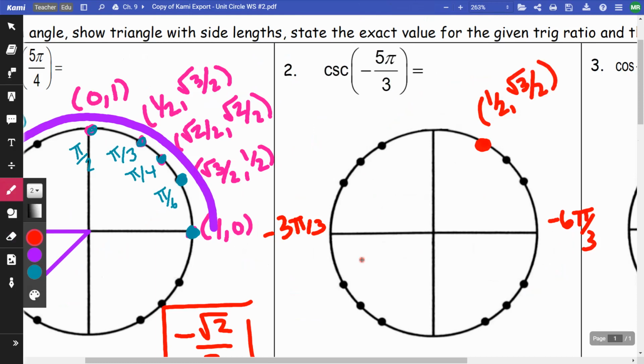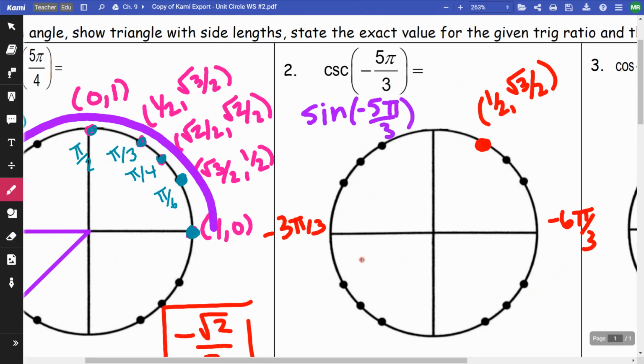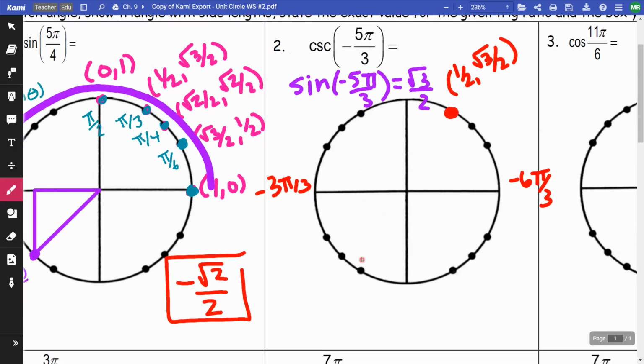Now, I want cosecant. Cosecant is the reciprocal of sine. C doesn't go with C, S doesn't go with S. So let me figure out my sine. My sine of negative 5 pi thirds is √3 over 2. So I want the reciprocal of that.